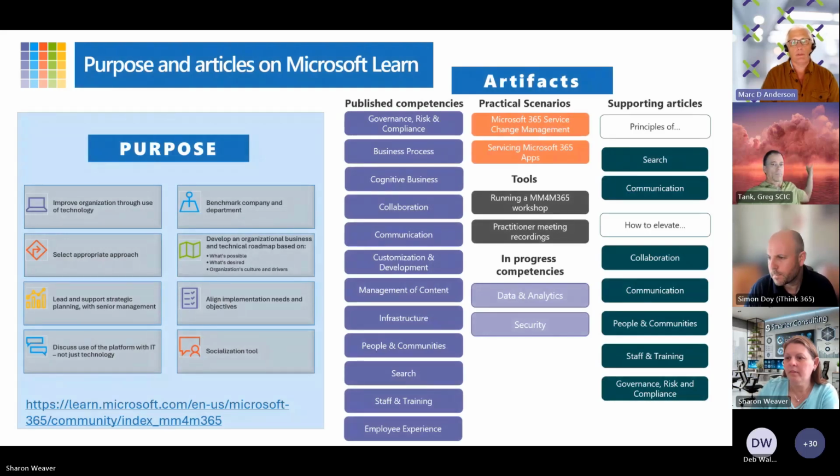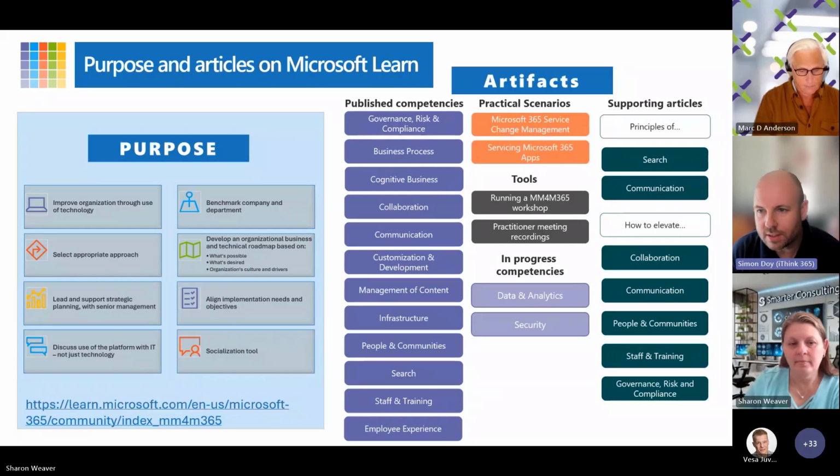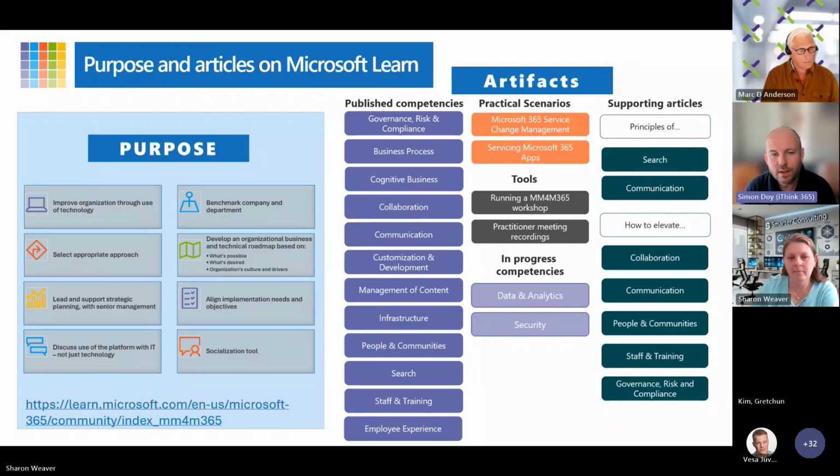Simon, do you want to talk about this slide? Absolutely, thank you. So what is this all about? The maturity model for Microsoft 365, its purpose is to help organizations leverage Microsoft 365 to achieve more maturity in how to do everyday business activities. So we've got competencies around the core aspects of running a business, around how to improve communication, collaboration, management of content, and all of those good things.